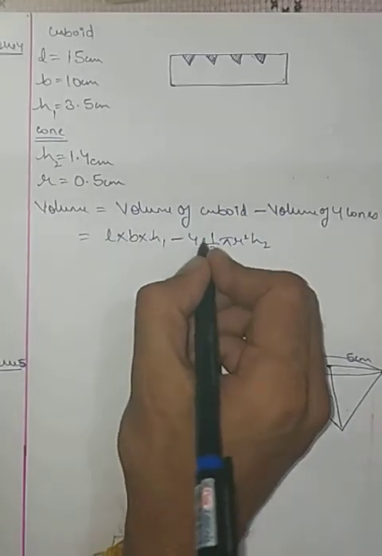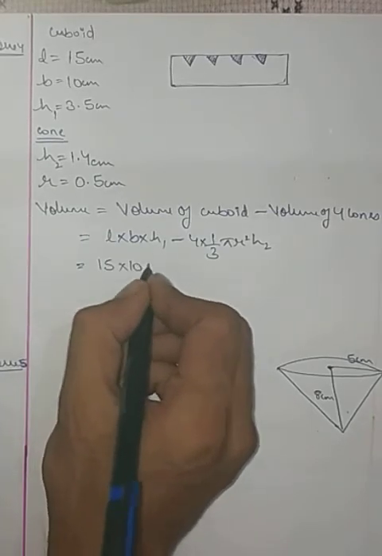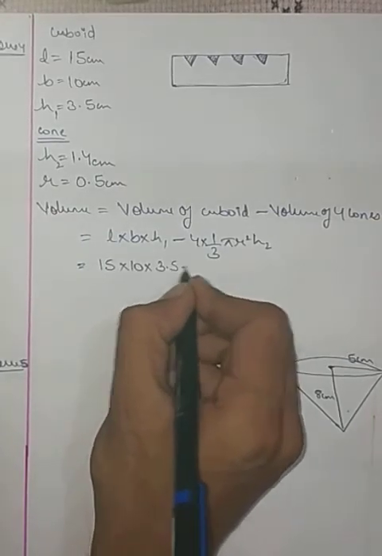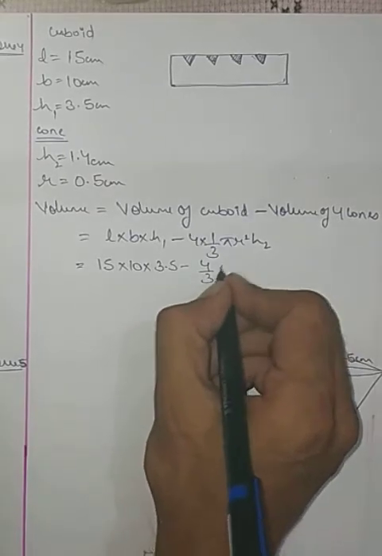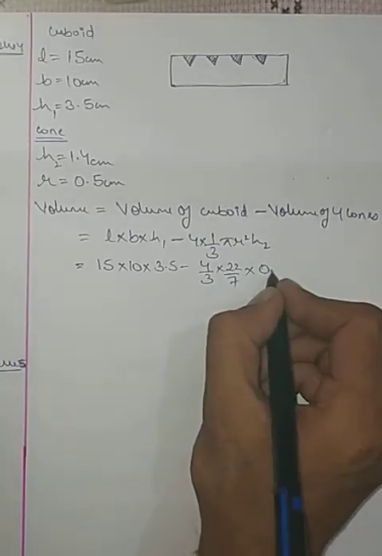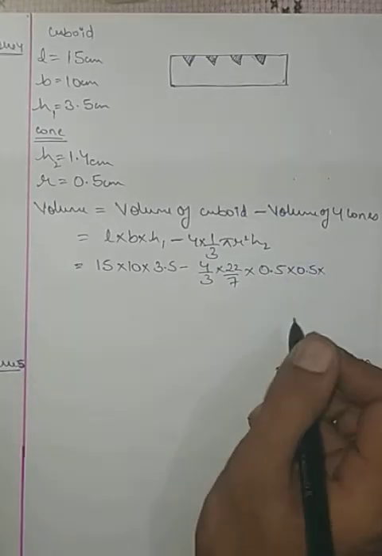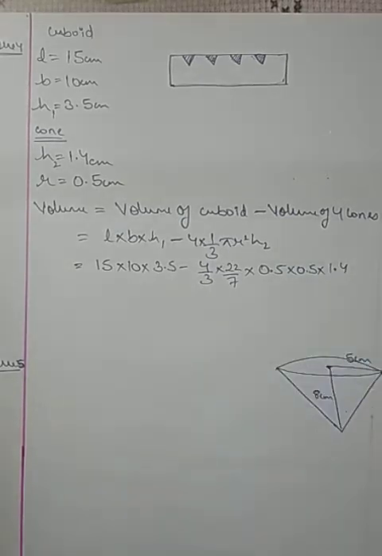We have 4 cones, so multiplied with 4. L is 15 multiply 10 multiply 3.5 minus 4 upon 3 into 22 upon 7. R we have 0.5 into 0.5 into height is 1.4.